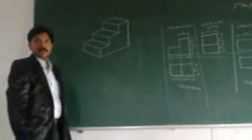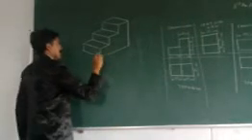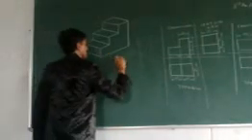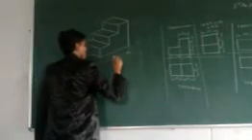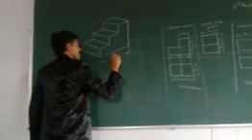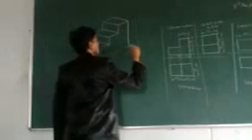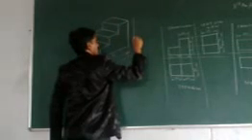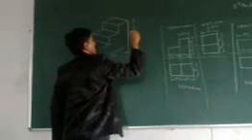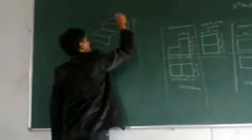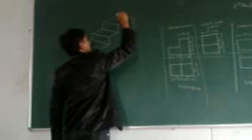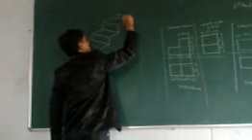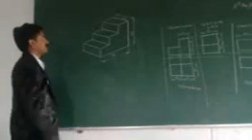Identify the object. See the dimensions for this one. So this dimension, the length, is 90 and this is 45. This is 45 and this dimension is 50. Right?